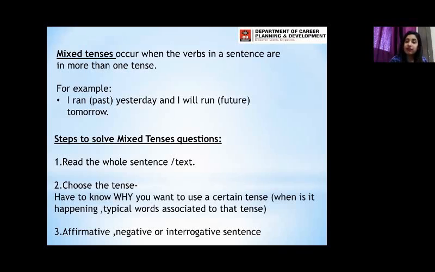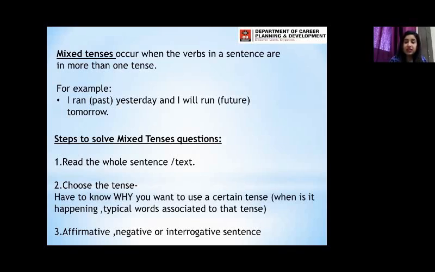Now to make it clearer to you, please read the example. It says, I ran yesterday and I will run tomorrow. So in one sentence, two different time senses are spoken about.